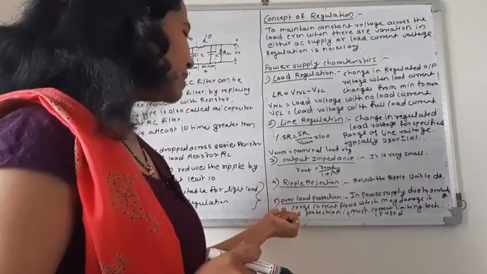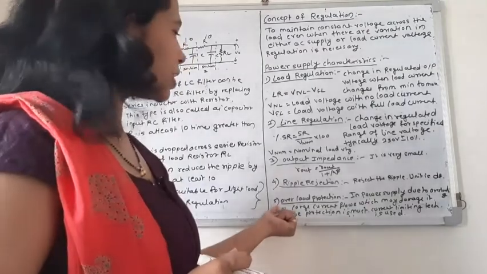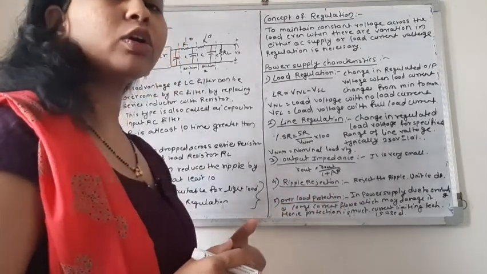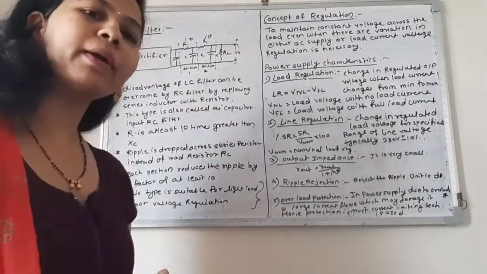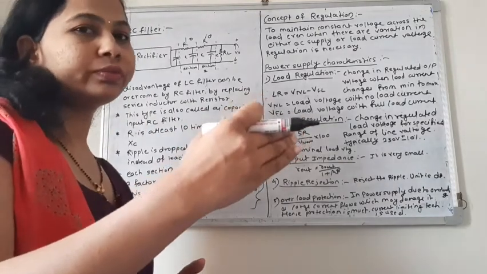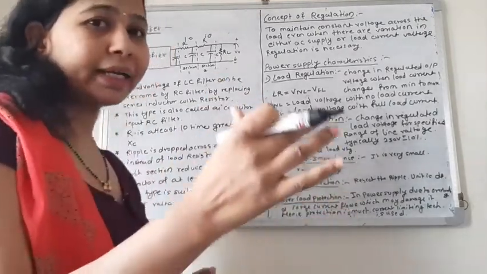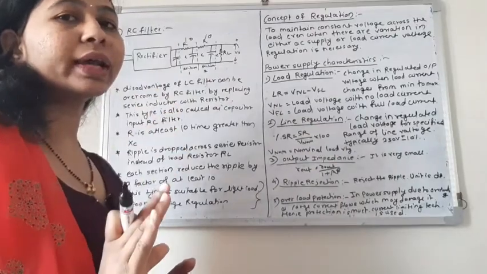And now the last and fifth characteristic, overload protection. Due to overloading, the current will flow very fast or without limit, and that is why the circuit will get damaged.